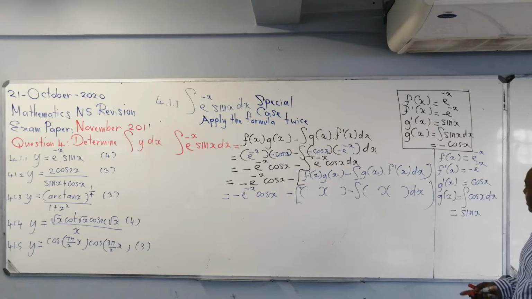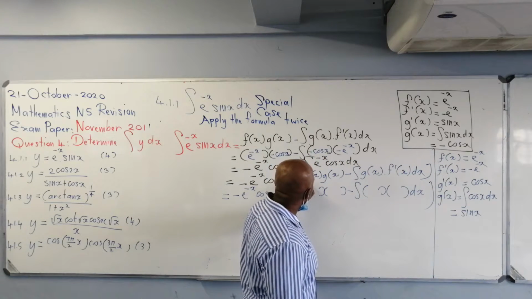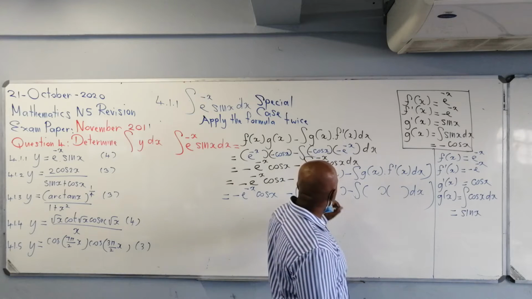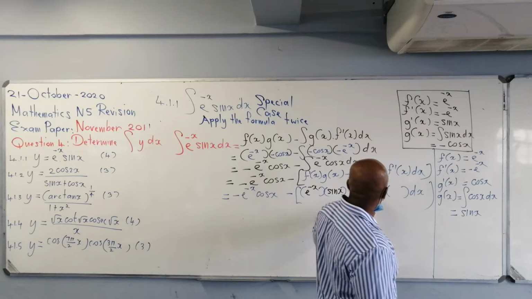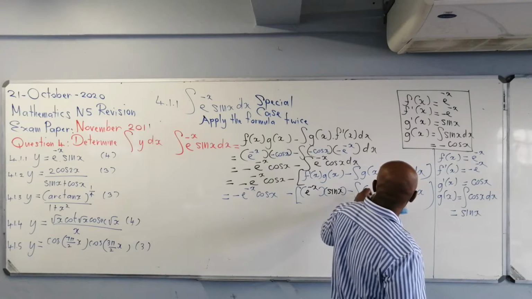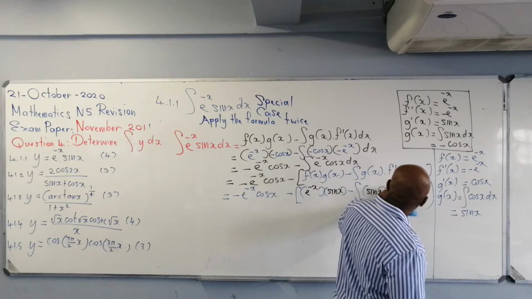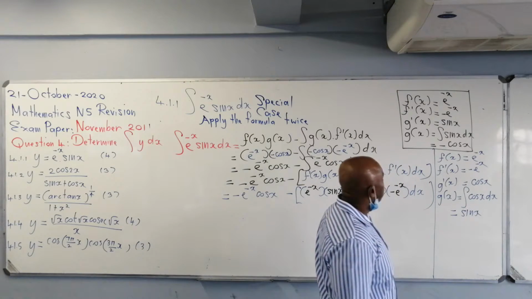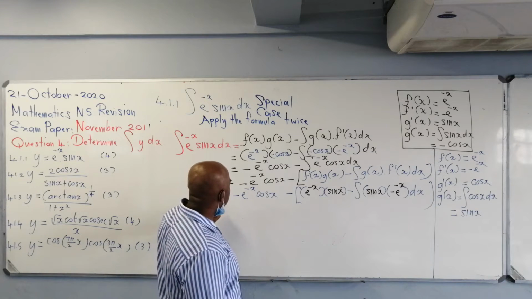So let's do the substitution. My f of x here is e to the power minus x. G of x here is sine x, and f prime x is minus e to the power minus x. So what do we do? Remove the brackets.